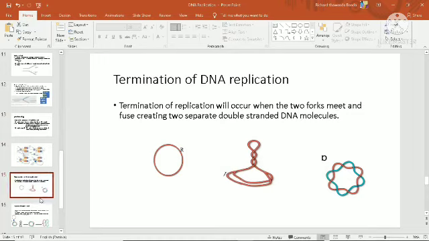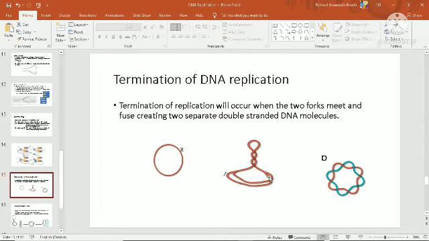Okay, termination. As I said earlier, you have the DNA molecule which has been unwound. Let's say this is the molecule. It's been split as it goes, split, split, split. Eventually, it will reach a point where it meets, and when it meets like that, you have two strands formed.